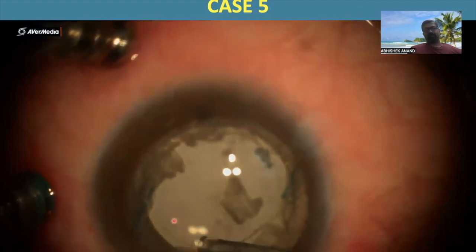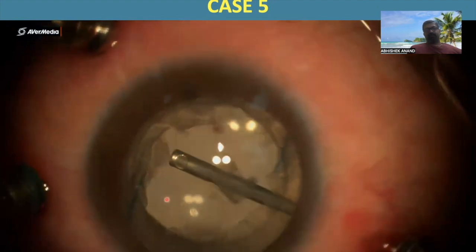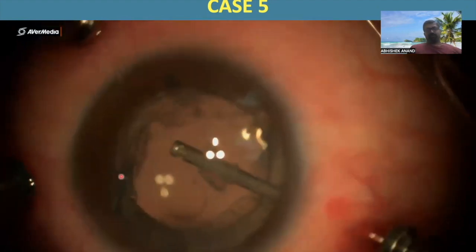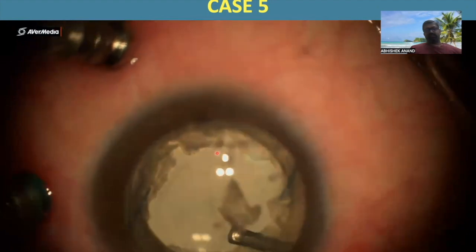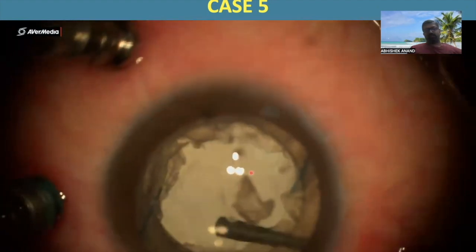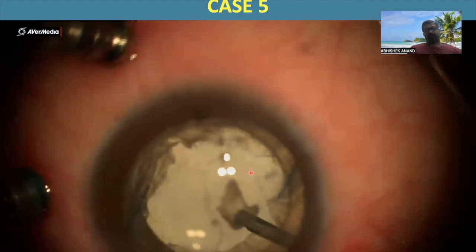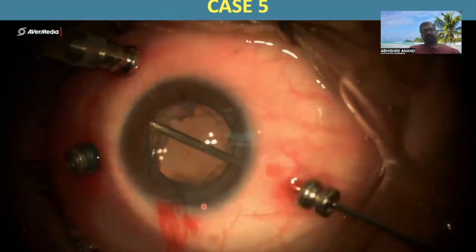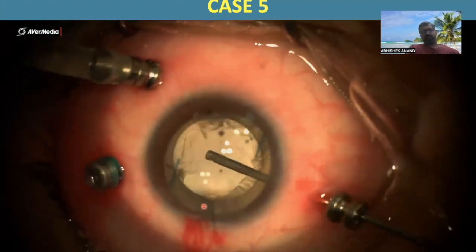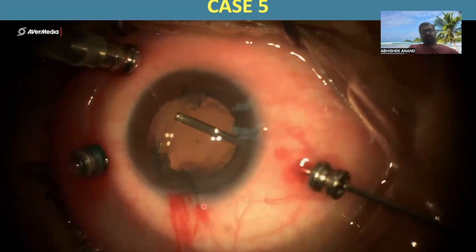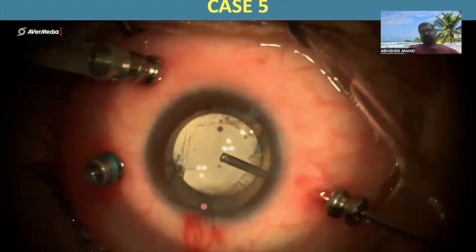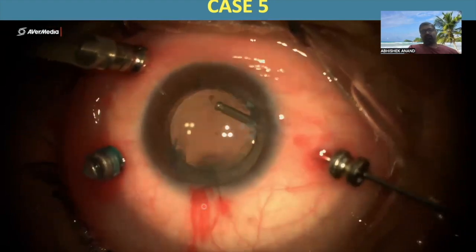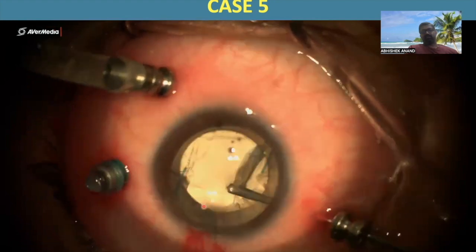We began by doing the vitrectomy. What we see here is that the IOL is in the sulcus and there is a lot of cortical matter which is left behind. So what we do is we begin with the anterior vitrectomy and then we use the vitrectomy probe for alternate suction and removal of the cortical matter.